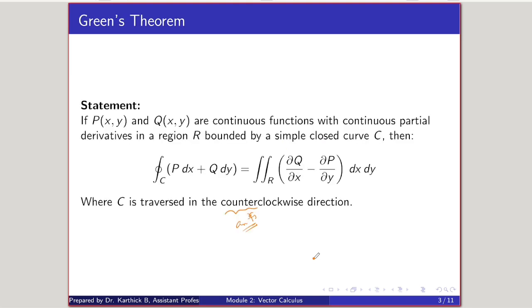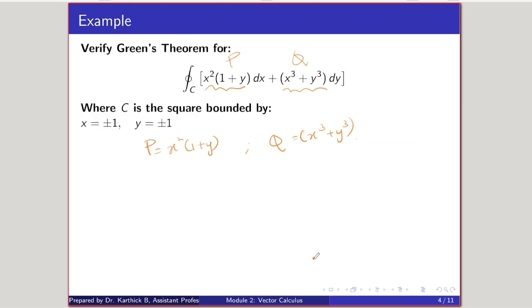Now we want to evaluate the RHS part first. To evaluate the RHS part, we need dou q by dou x and dou p by dou y.